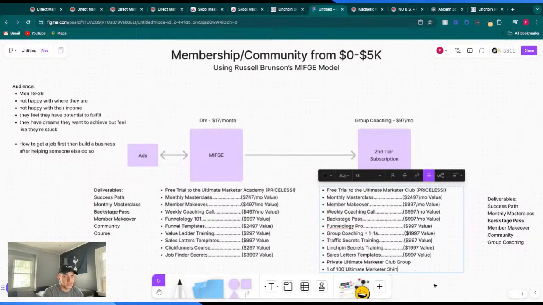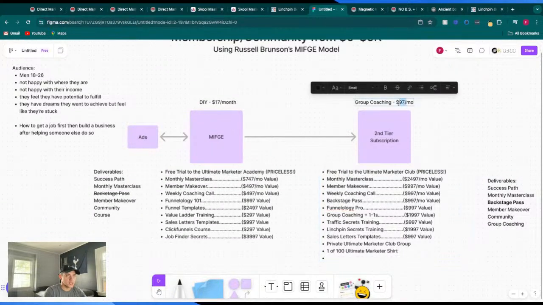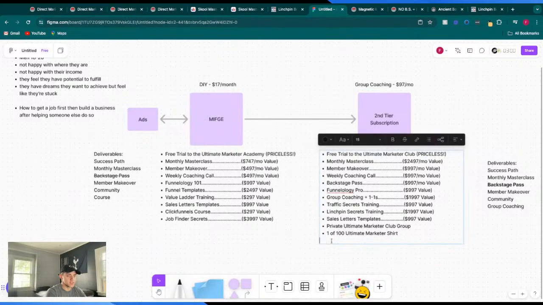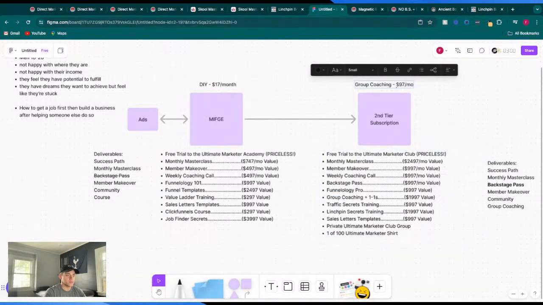Worst case scenario, I've got that Cricut machine thing, so we can just buy a bunch of shirts and print them out. Doing manual work for 100 shirts is not a problem. The upside is we get a free $97 a month subscription, but I don't know what the shipping cost is going to be.